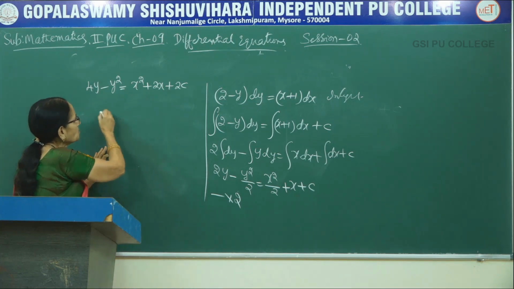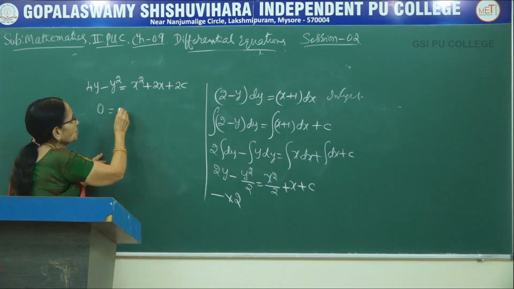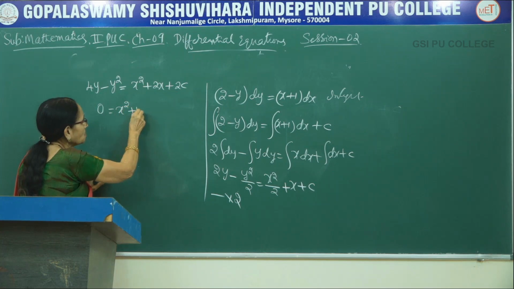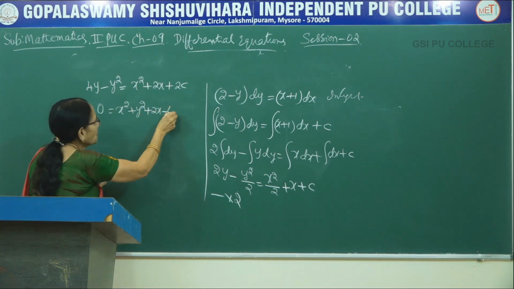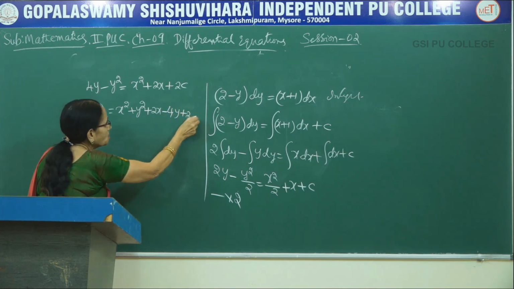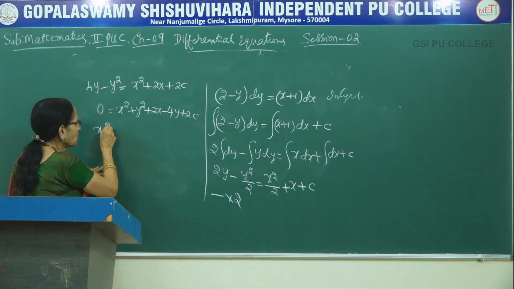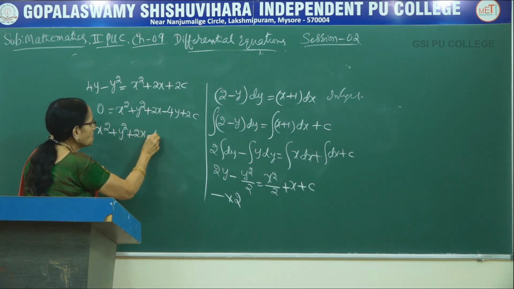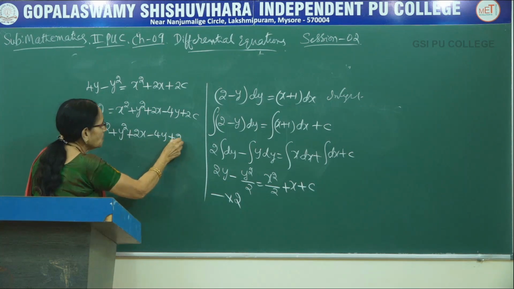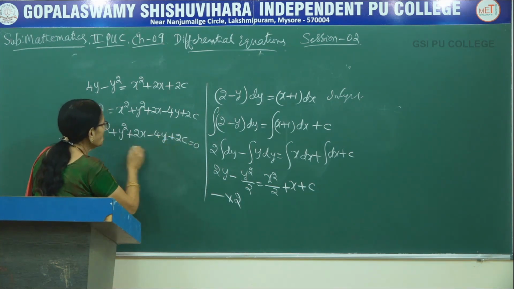Now take all of them to the same side, 0 equal to, shift them, it is x square plus y square plus 2x minus 4y plus 2c, or if you write in the proper order, x square plus y square plus 2x minus 4y plus 2c equal to 0.